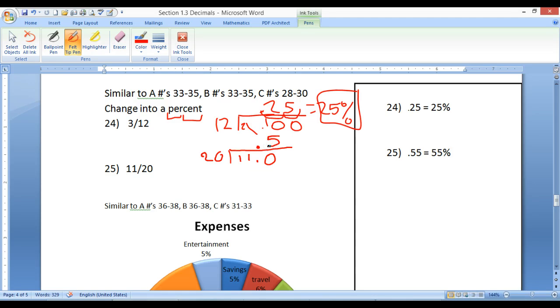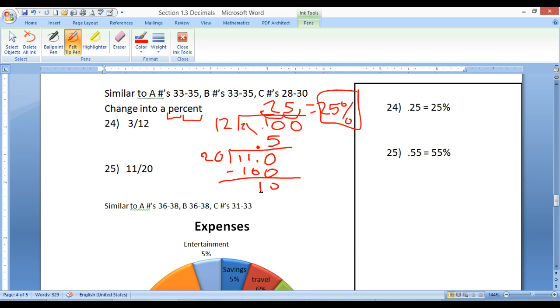5 times 0, if you're struggling with that, 5 times 0 is 0. Then 5 times 2 is 10. Subtract gives me 0 and 1 and 0, so good.